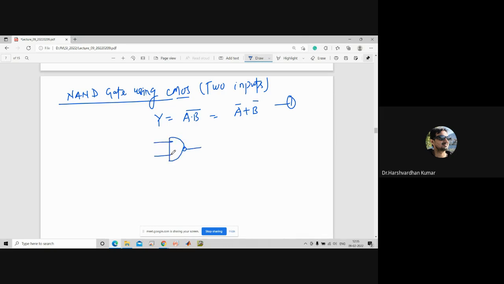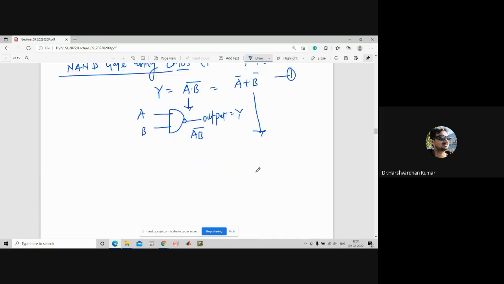Let us say A and B are the inputs, and here is the output, let us say this is Y. So it will be equal to (AB) bar. Using these expressions, if we are interested in writing the symbol using A bar plus B bar, then we will have to write it in this way, using the OR gate symbol.